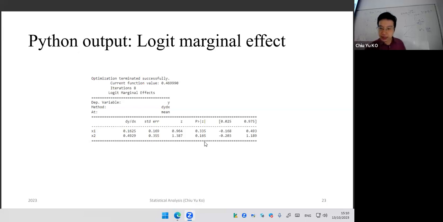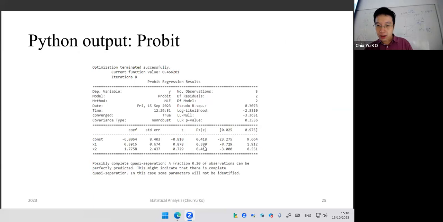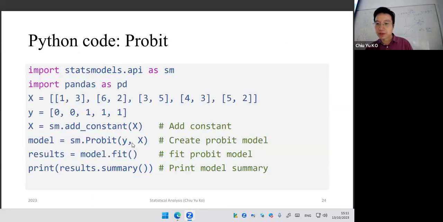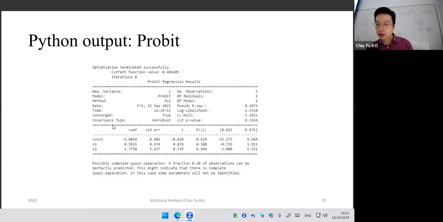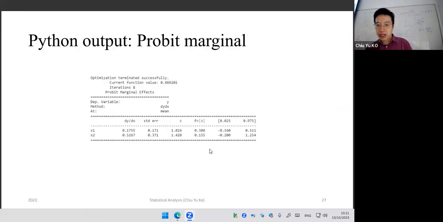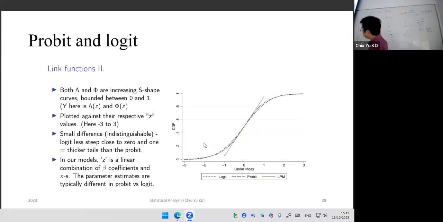Let's see the example. You will probably get what I'm saying. This is profit, just change to profit. All the things remain the same, so you can see the same outcome, very similar, not significant. If you try to run probit and logit, it looks very similar, not much different.